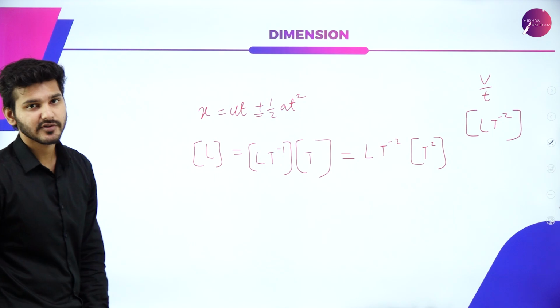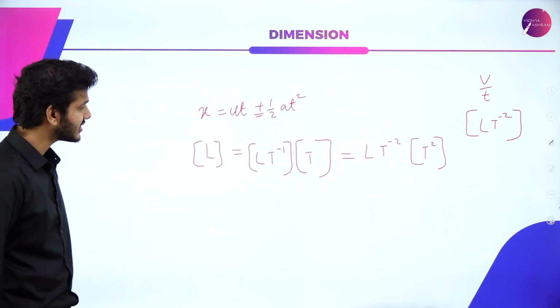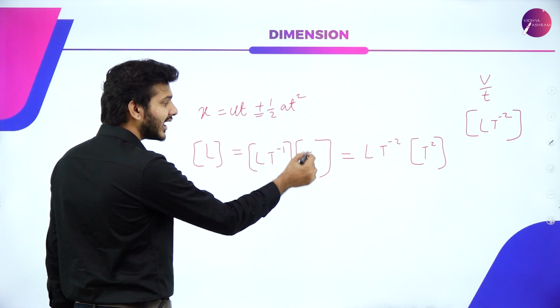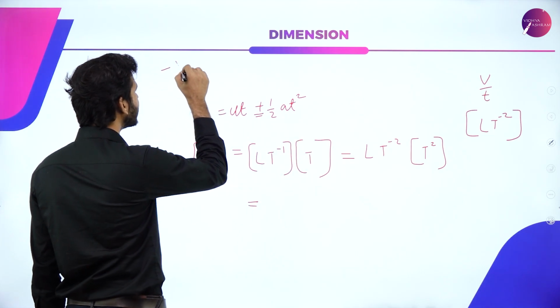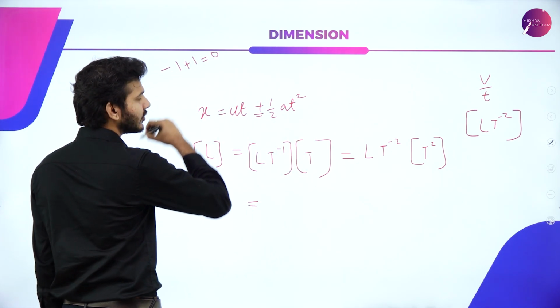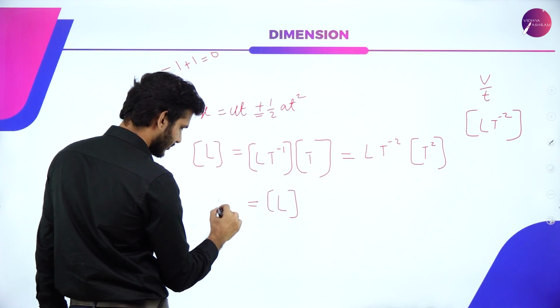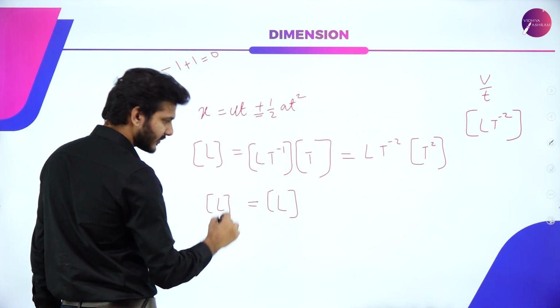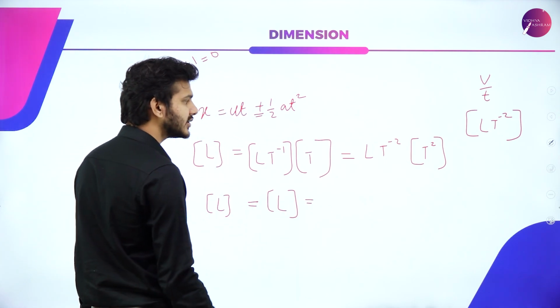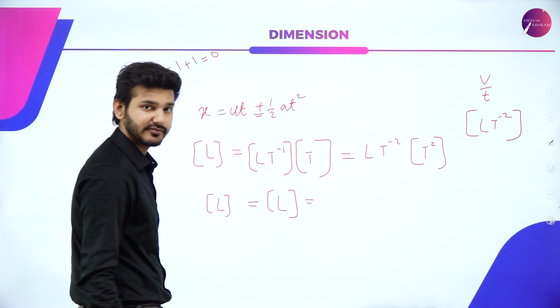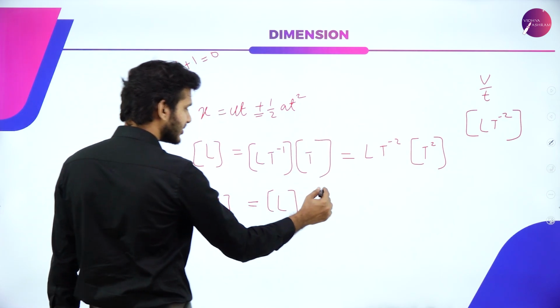So what will happen? We have to further condense this equation so that we can write t raised to minus 1 into t, that is minus 1 plus 1, which is equal to 0. So there is only L here, and now this is equal to LT inverse square into t square, which means minus 2 plus 2, which is also 0.